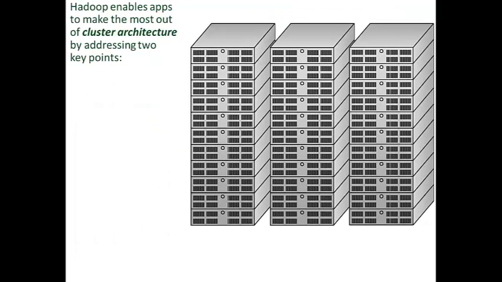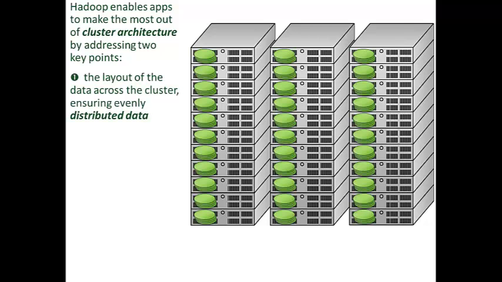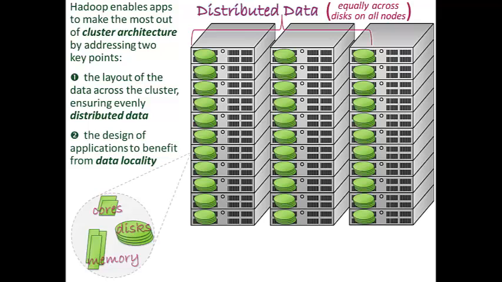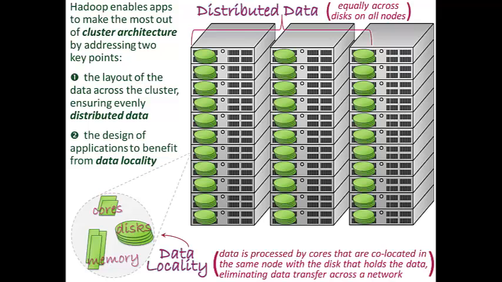Hadoop was designed to enable applications to make the most out of cluster architecture by addressing 2 key points: the layout of a dataset across the cluster, ensuring evenly distributed data. A dataset is automatically chopped up and scattered across the nodes of a cluster.